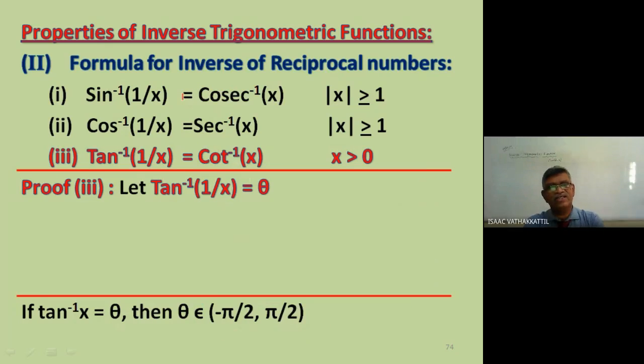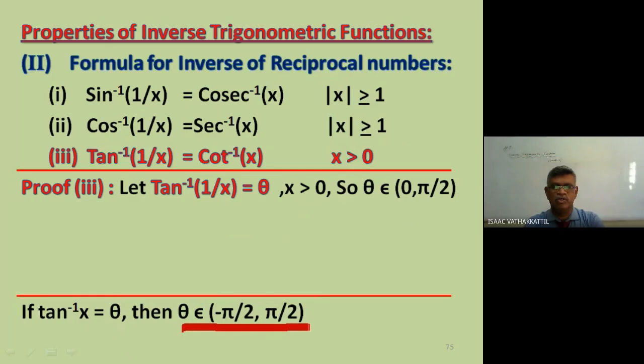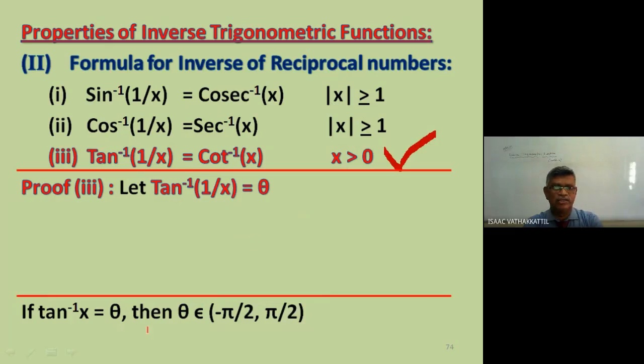Right? Now, let us see how this positive value is required for tan inverse. Tan inverse 1 by x equal to theta. Naturally, theta belongs to minus pi by 2 to pi by 2. But as x more than 0, theta will be between 0 to pi by 2. Remember, if I simply take tan inverse 1 by x equal to theta, theta can be anywhere between minus pi by 2 to pi by 2.